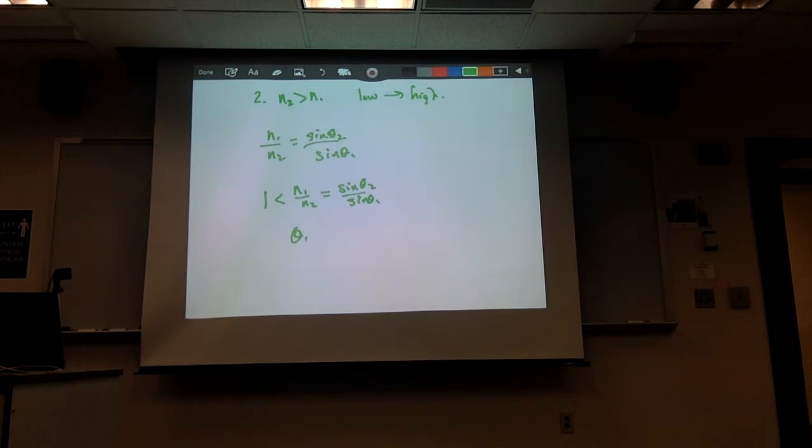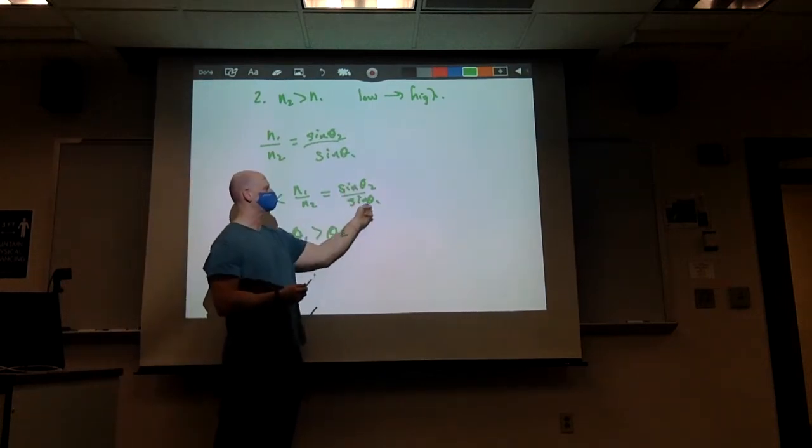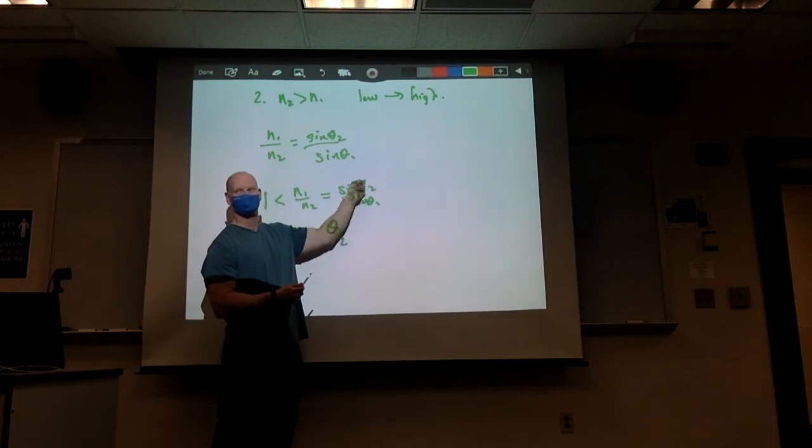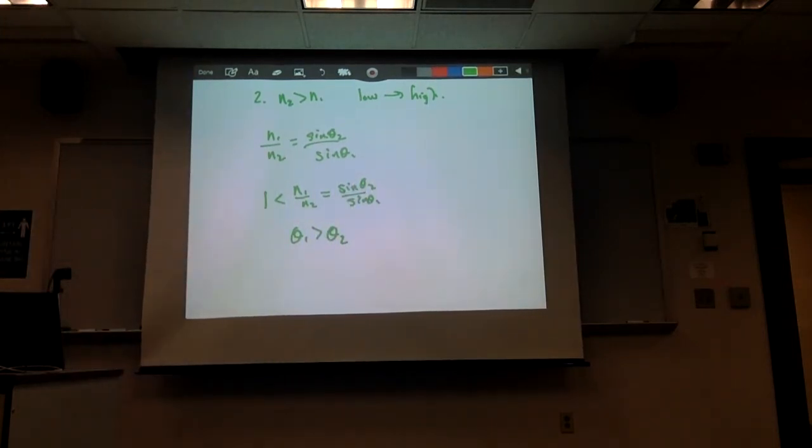What must be true then is that theta 1 must be greater than theta 2. If I want this thing less than 1, I need this term here to be bigger than this term. The only way that's going to happen is if theta 1 is bigger than theta 2. Again, theta 1 is getting closer to 90 degrees. Okay with this?